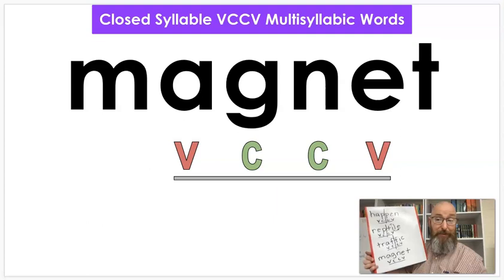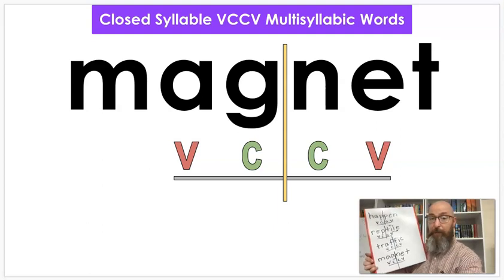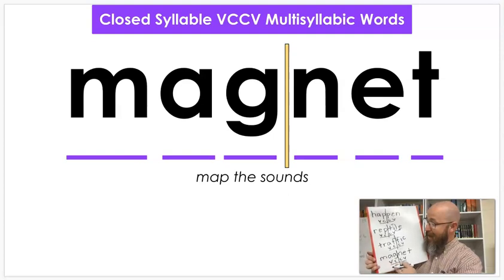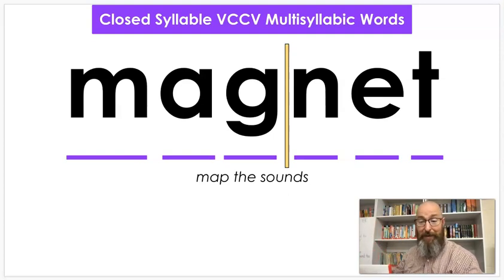Where do we break it? Do you remember? Between the two consonants. And then we can sound it out. Ag, mag, net, net, magnet, magnet.